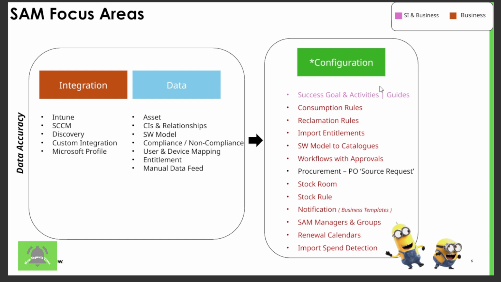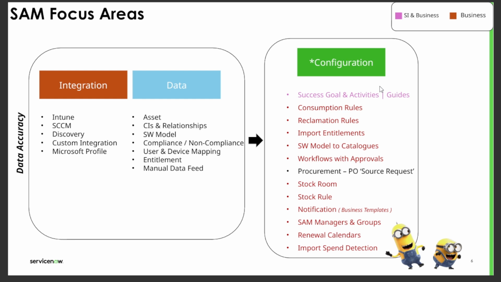Second, the consumption rule. It is a very important part of your compliant and non-compliant scenario. You want to put a micro lens and see how many non-compliant software are available.